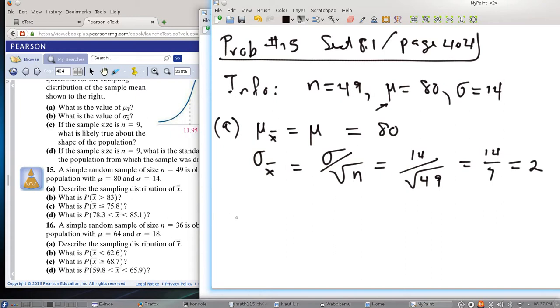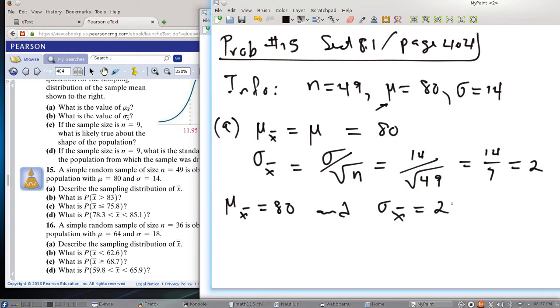Thus, the distribution of the sample mean has the following properties: that it has a mean value of 80 and a standard deviation of 2. So that pretty much answers question A.